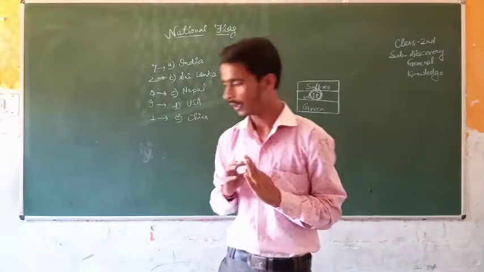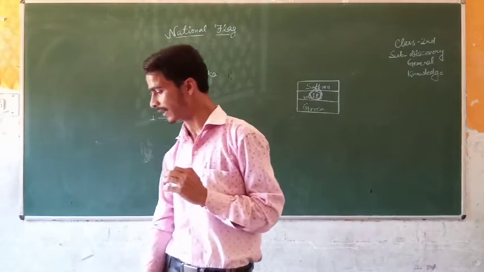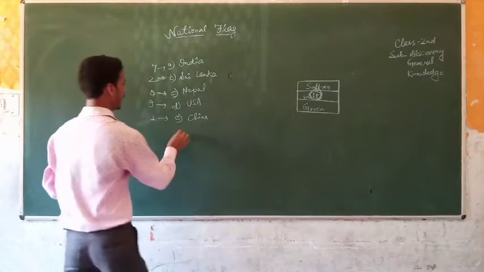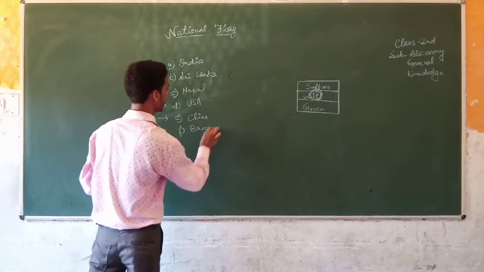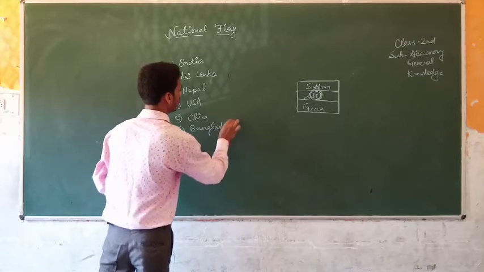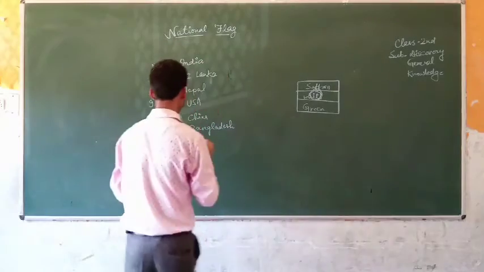Next on F there is Bangladesh, and Bangladesh's flag is on number 6.